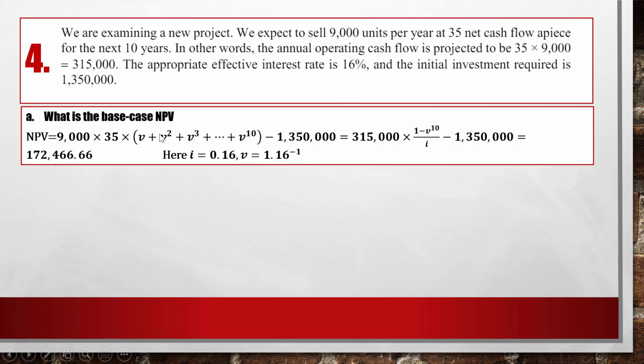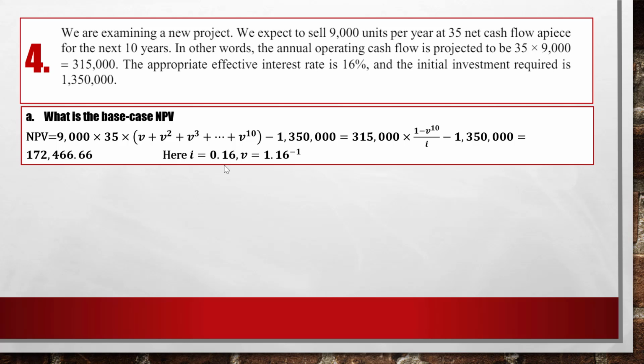Now at time 1, we receive 9,000 times 35. So the present value of this money at time 1 is just 9,000 times 35 times V. And the present value of the money at time 2 is 9,000 times 35 times V squared, and so on to V to the 10. So we got 315,000 times 1 minus V to the 10 over i, where i here is 0.16 and V is 1.16 to the negative 1. That's how we find the present value of the cash inflow and the cash outflow.